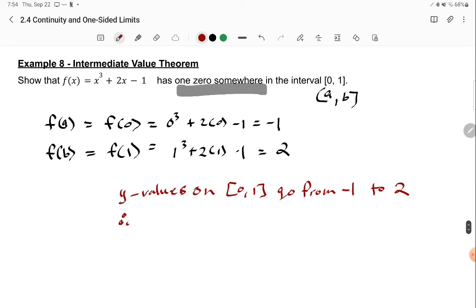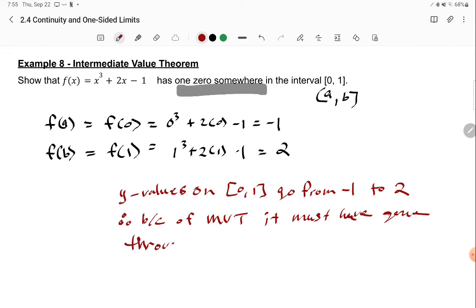Therefore, because of the intermediate value theorem, it must have gone through y equals 0 at some point, since we know that f of x is continuous.